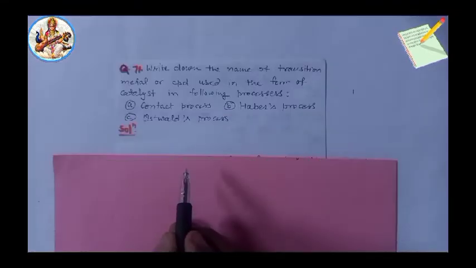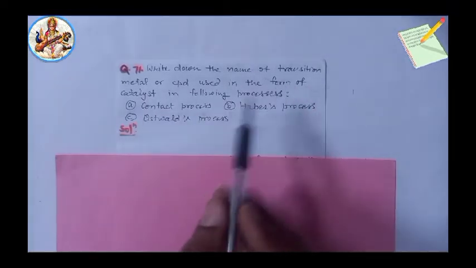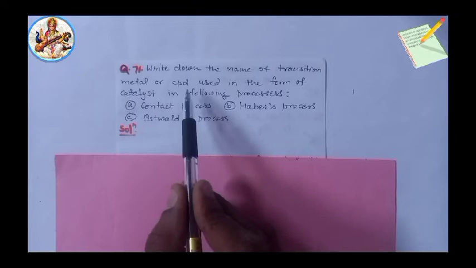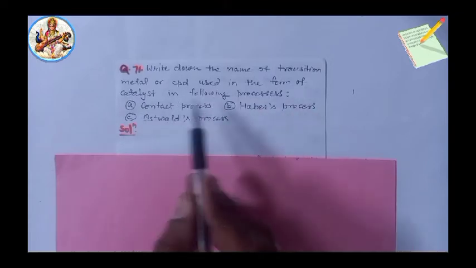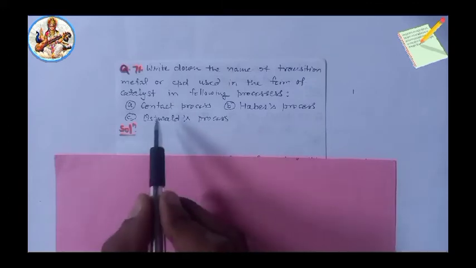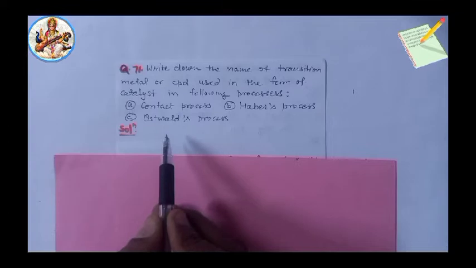Next, from part 3, question 71: write down the name of the transition metal or compound used as a catalyst in the following processes: contact process, Haber process and Ostwald process.